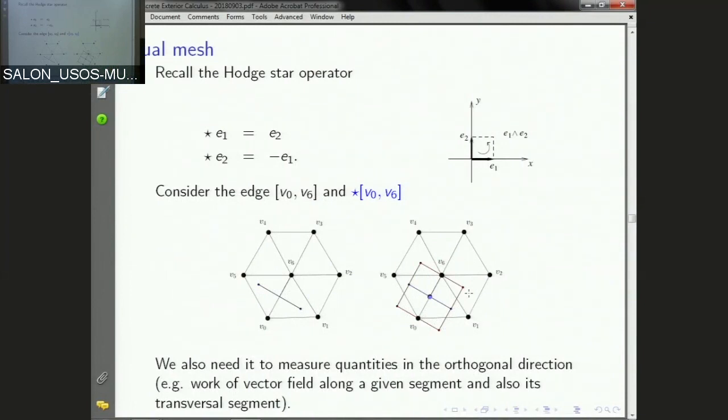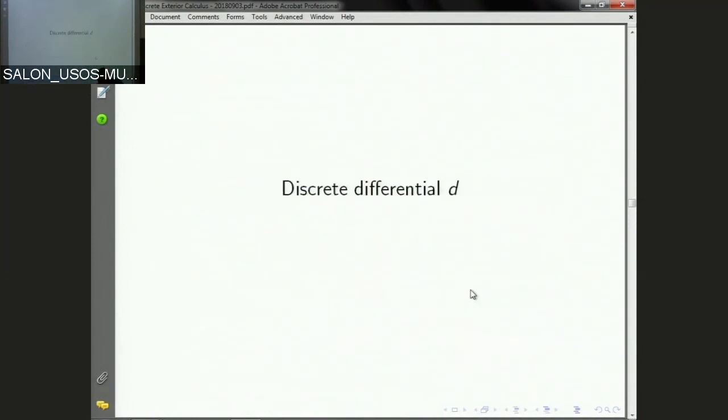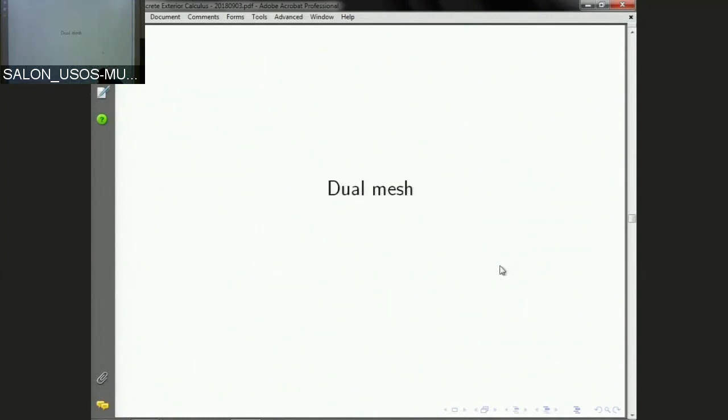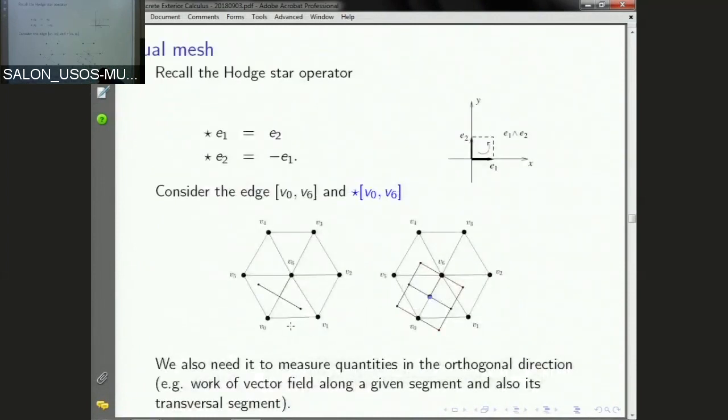Now, why do we need to consider these segments? We have the edges of the original mesh. To those edges, we assigned these values, these rough derivatives. So those rough derivatives will be a value assigned to this edge.